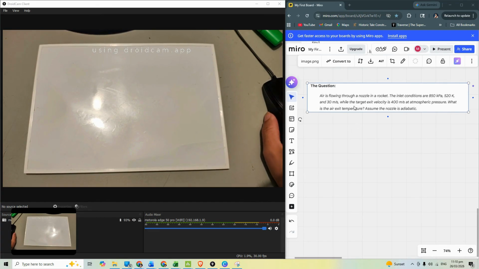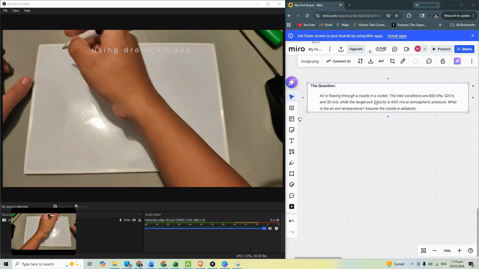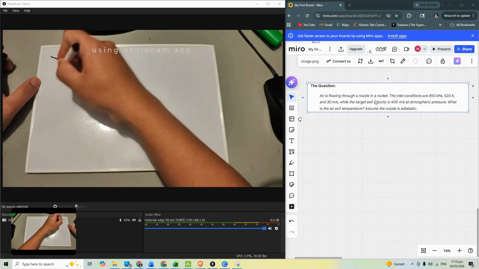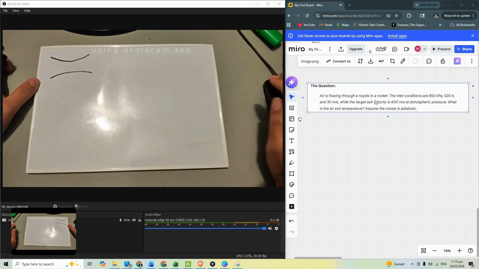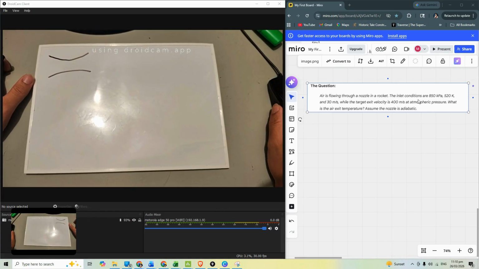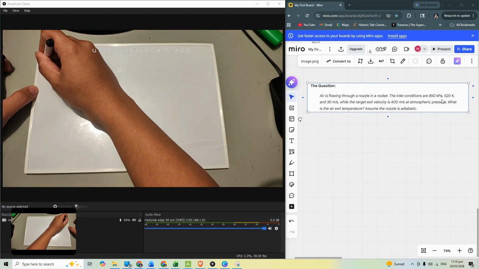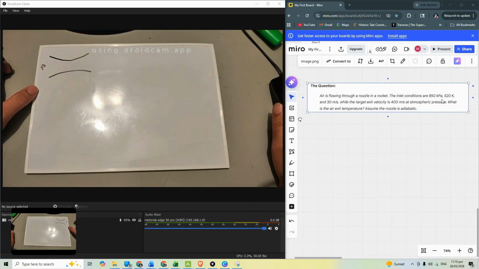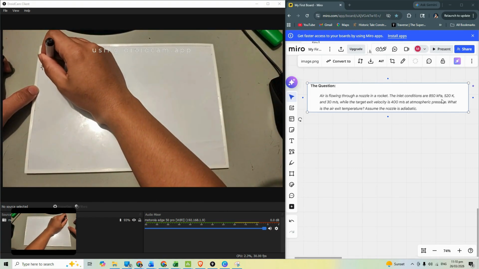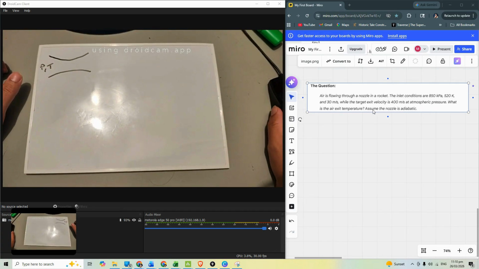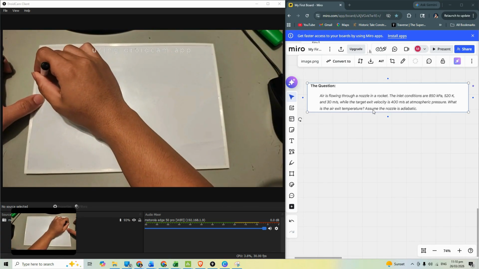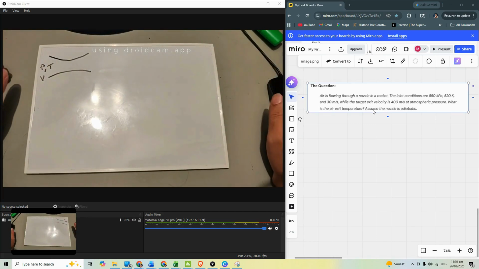So we have here a given: air is flowing through a nozzle in a rocket. Let's illustrate it. So let's say this is the nozzle. The inlet conditions are 850 kPa, so we have pressure. We're not gonna solve it. 520 Kelvin, so that's the temperature, and we have 30 meters per second, or let's say velocity.